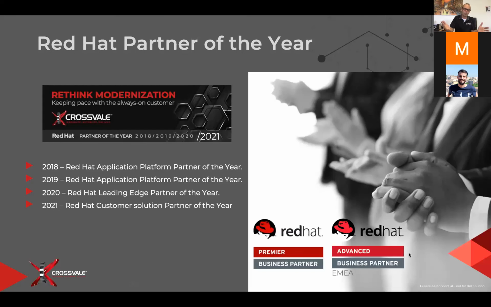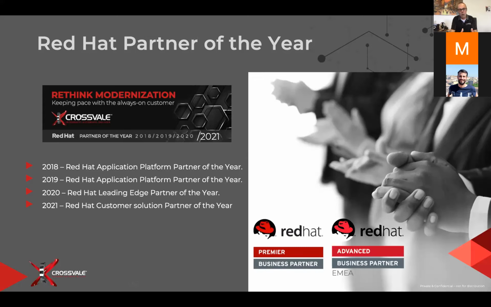Also, we can have our little proud moment, and if you don't mind, I'll take that just for 30 seconds. Once again, we are a partner of the year for Red Hat as both a premier and advanced business partner with Red Hat. In 2021, we have done it again, and thanks to the whole team across Crossvale to be able to do this.